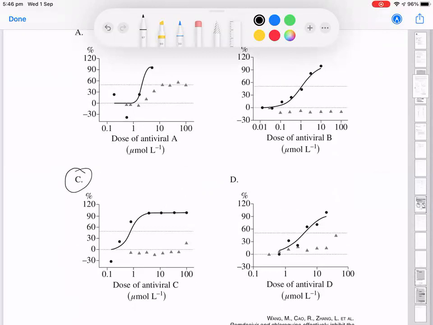And we're using just one micromole per liter dose, so only looking here. Essentially you want the lowest toxicity for the highest effectiveness. So, yep, matches here, here, and based on toxicity alone, we can cancel A and D out. And then we're just looking at which one gives a better response. So this is 60% here, and that's just under 30% here. So that means option C is correct.